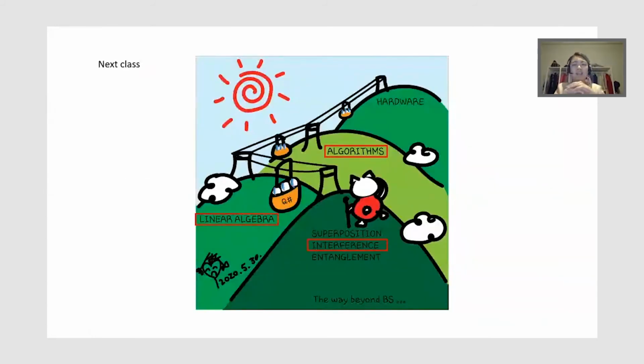Last class and 2 classes ago, we discussed superposition. This picture shows you a landscape for learning quantum computing. You can go pretty far with the Q# exercises, learning the concepts, and go to all these linear algebra or algorithms that you can express using the quantum language Q#.